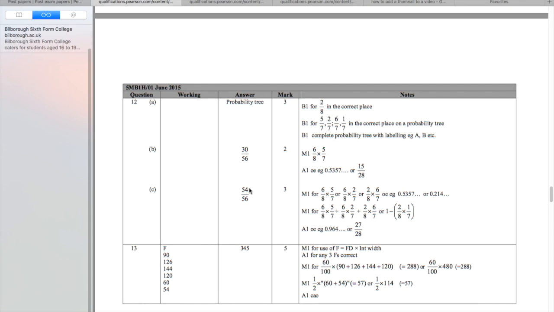So 54 out of 56, there we go, which is 27 out of 28 simplified. Again, they haven't simplified it here, but it's always worth doing because in some mark schemes they do want you to simplify your answer. So there we go, that's full marks. Okay, 30 out of 56 there. There we are. So that's question 12.